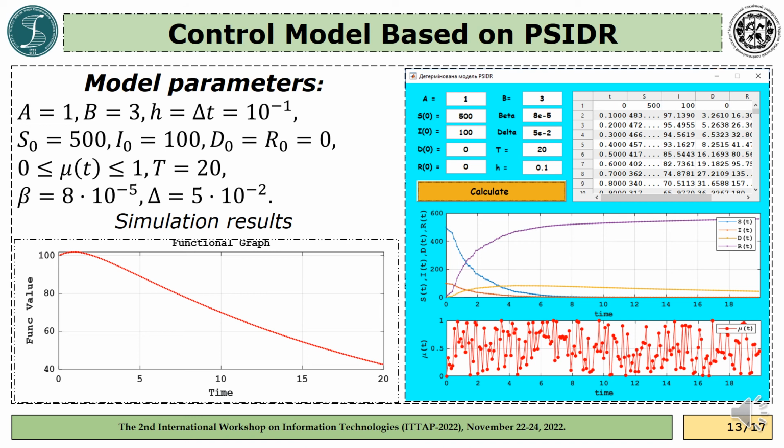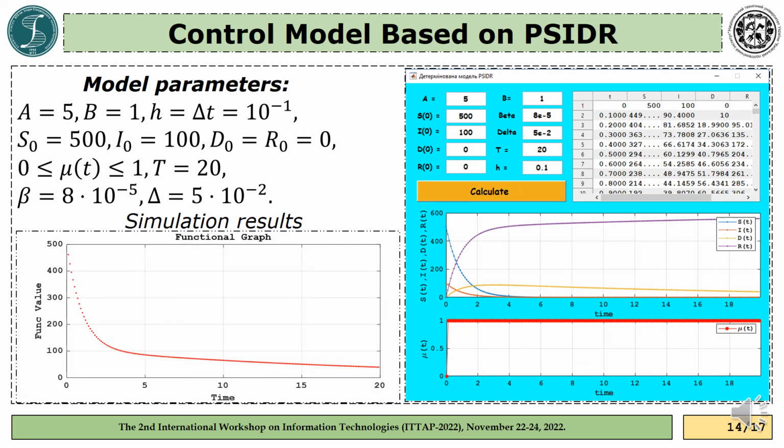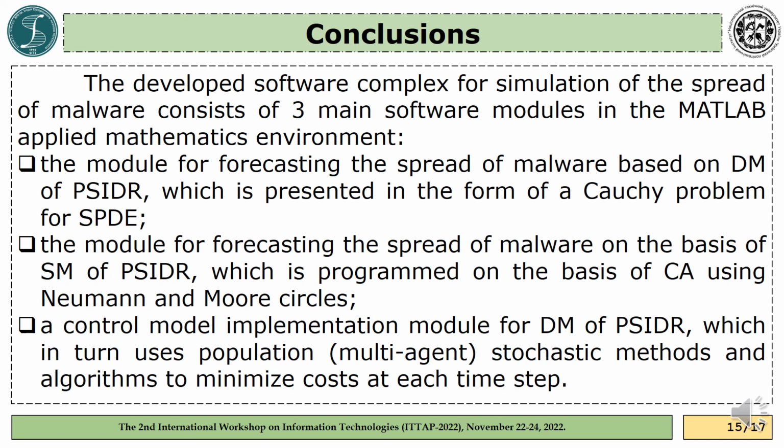On the right are the results of calculation of the control parameters. This slide shows the main result of a numerical experiment with other parameters of the control model. General conclusions and practical results are given on this slide.